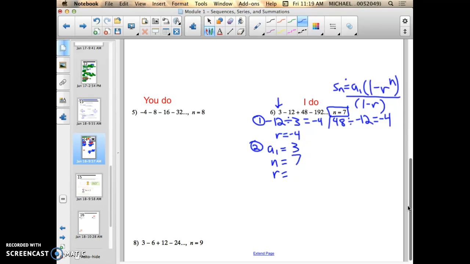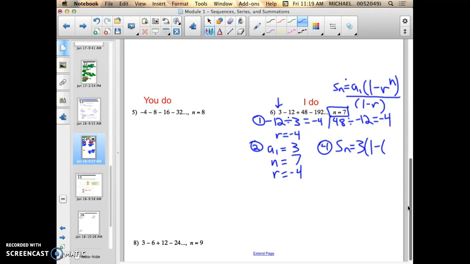And then r, I already found in step 1, is negative 4. So I'm done with step 2. Don't have to do step 3 because I've already found all the pieces of information that I need. So I can jump then to step 4, inputting all of these into the formula and then simplifying. S sub n equals my a sub 1, which is 3, times 1 minus my r, which is negative 4.